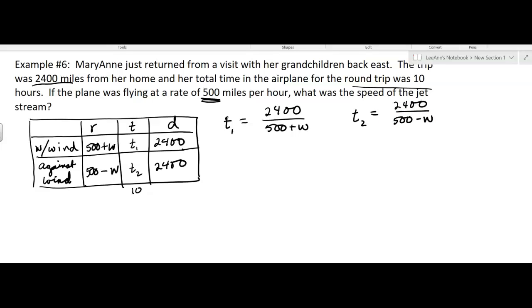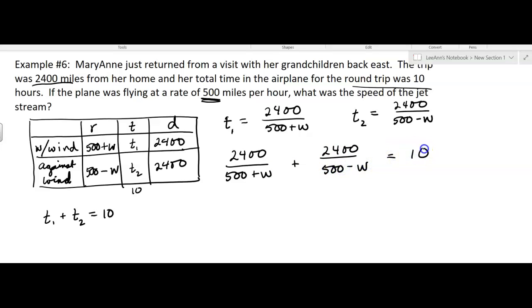Now, if you take the two times together, so T1 plus T2, that has to equal 10. So 2,400 over 500 plus W plus 2,400 over 500 minus W, that's going to equal 10. Total of 10 hours.